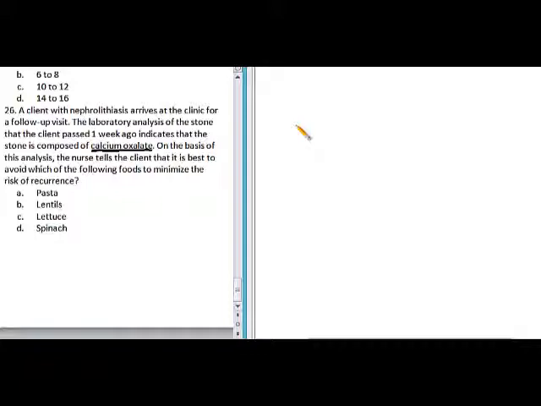So we're looking for a food that is high in oxalate. Pasta, let's eliminate. Usually vegetables are high in oxalate. So that's between B, C, or D. And among these three, the highest in oxalate is D. Spinach is high in oxalate. D is the answer.